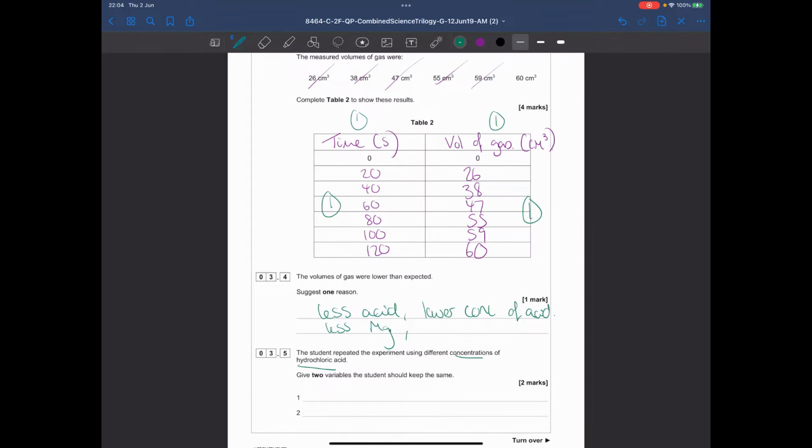Well, if they're changing the concentration of acid, they then need to keep the other variables the same, like the length of magnesium, or the amount of magnesium, or you could say the mass of it. Then you also, although you're changing the concentration of the acid, you would keep the volume of acid the same. And another one you could say is the temperature of the solution. Because you should know if you've got a higher temperature, you'll have a higher rate of reaction.